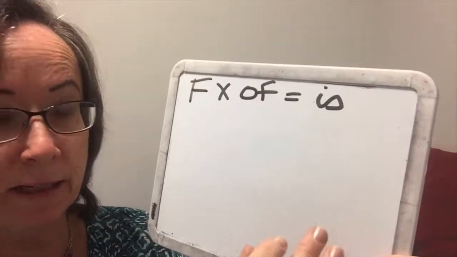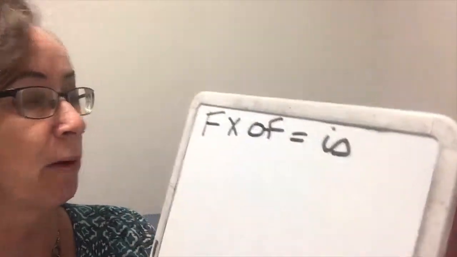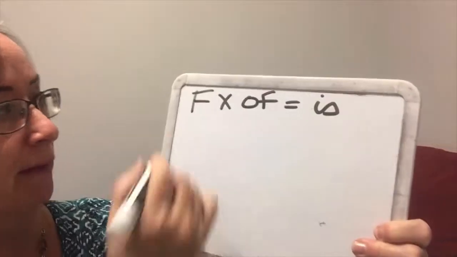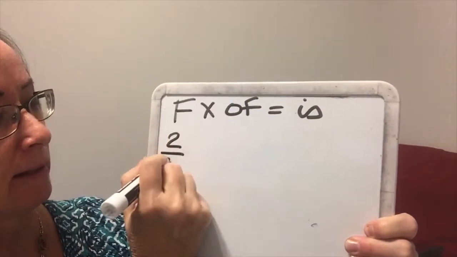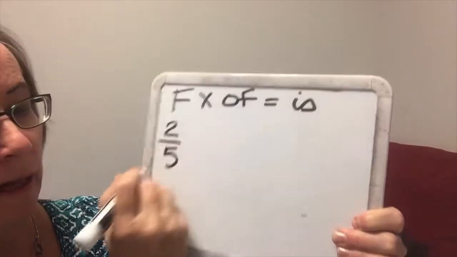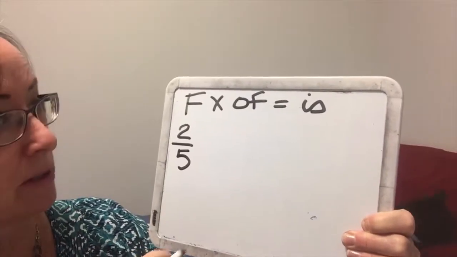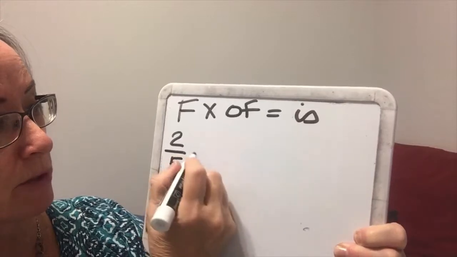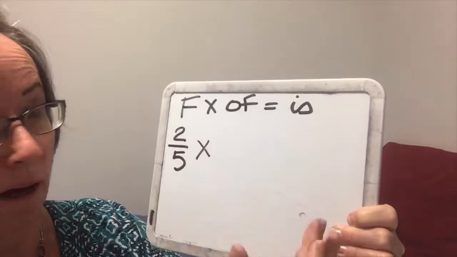Now we're going to do the same problem with the equation. Okay, here was the equation. Now remember that the problem said that when the gun sounded, only 2/5. So we'll put the 2/5 here of the racers. So the of number is of the racers, so times the racers.